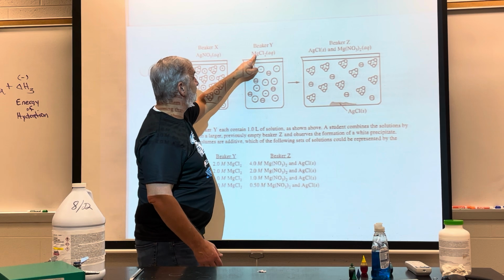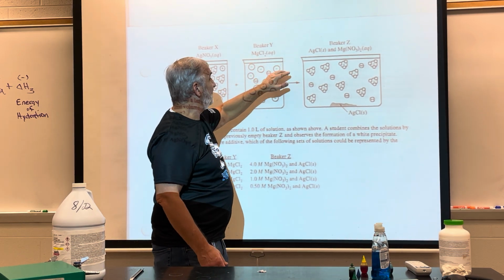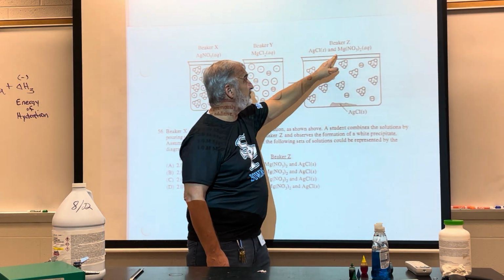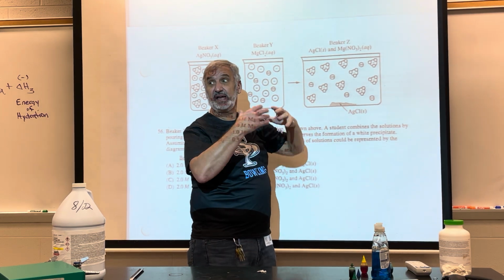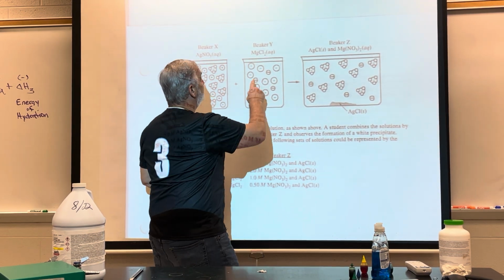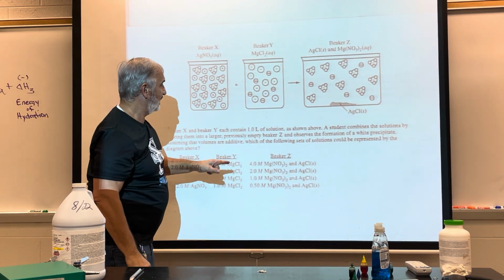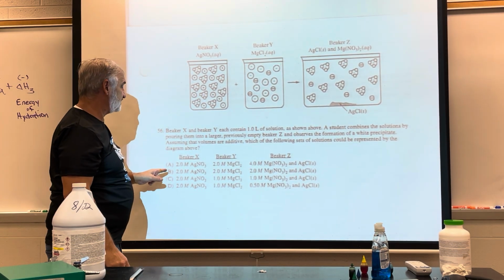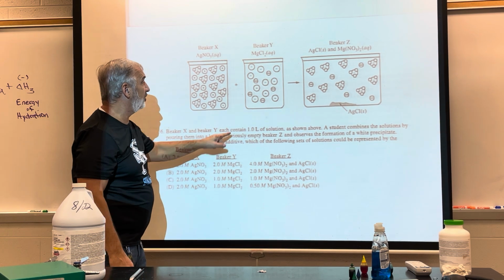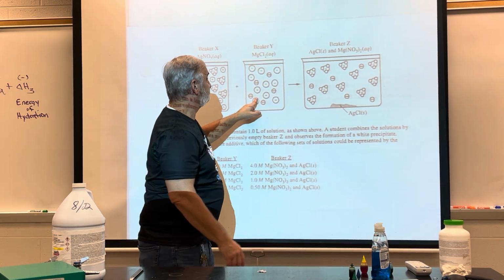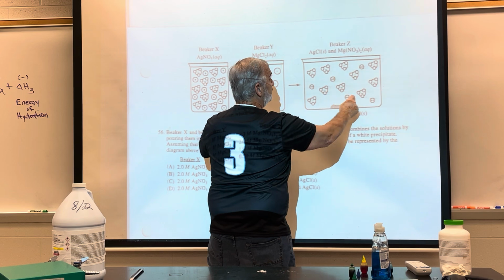But the magnesium is going from magnesium chloride, again, spectator ion to spectator ion. They all have to be accounted for. So my magnesium here, if it's 2 molar here, now it's 1, 2, 3, 4, 5.